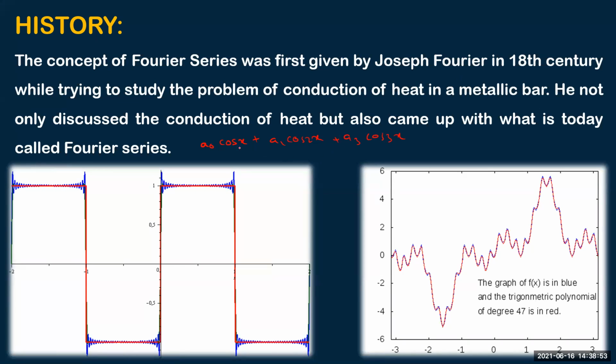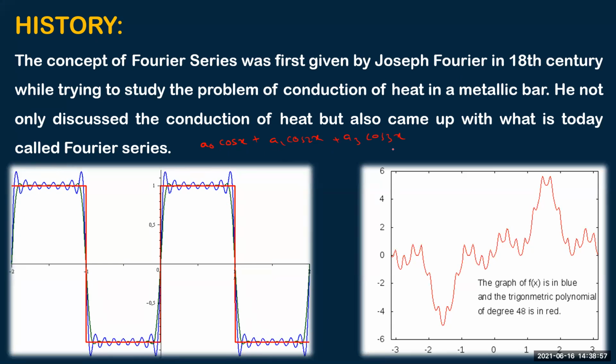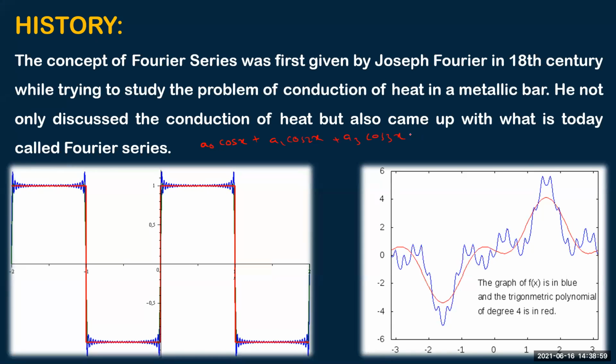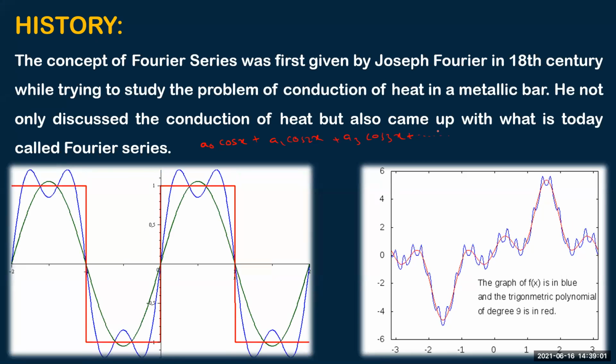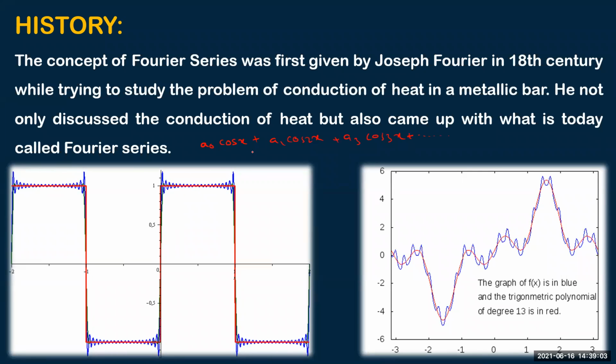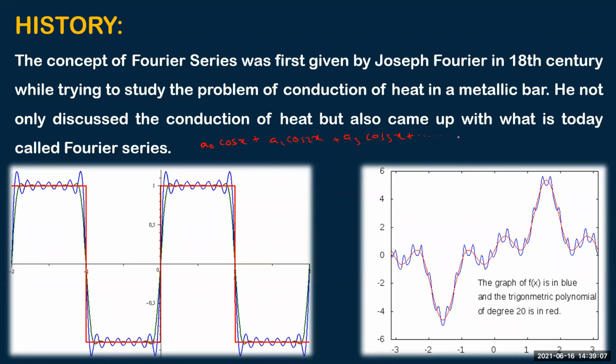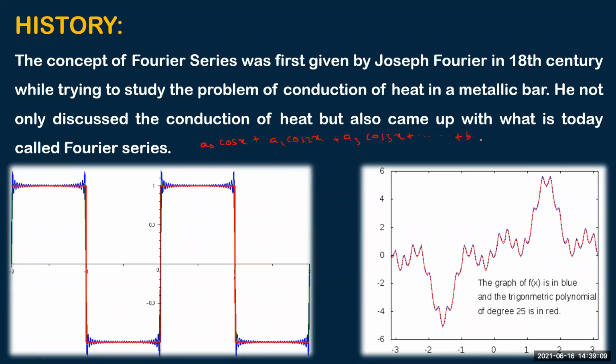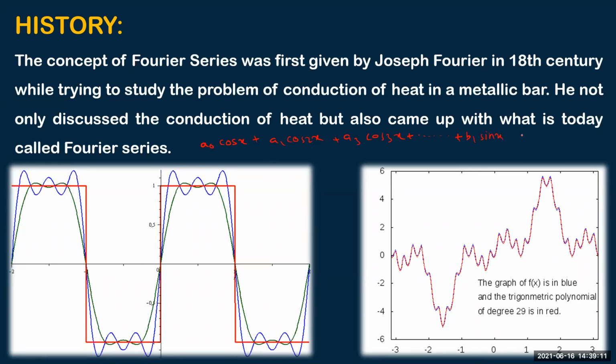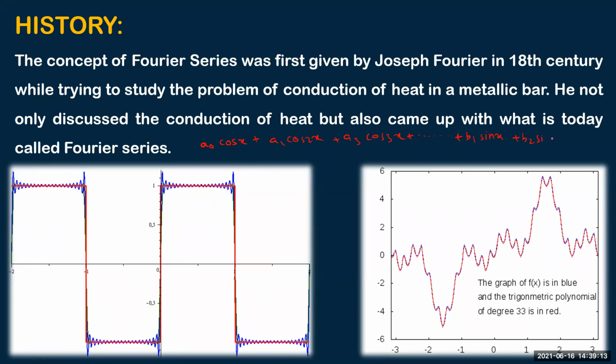Cos x is one cosine function, cos 2x is another, cos 3x is another. Like this, you can take infinitely many cosine functions. Along with them, you can also take sine functions: b1 into sin x, then b2 into sin 2x, like this. You can take different functions and their coefficients.